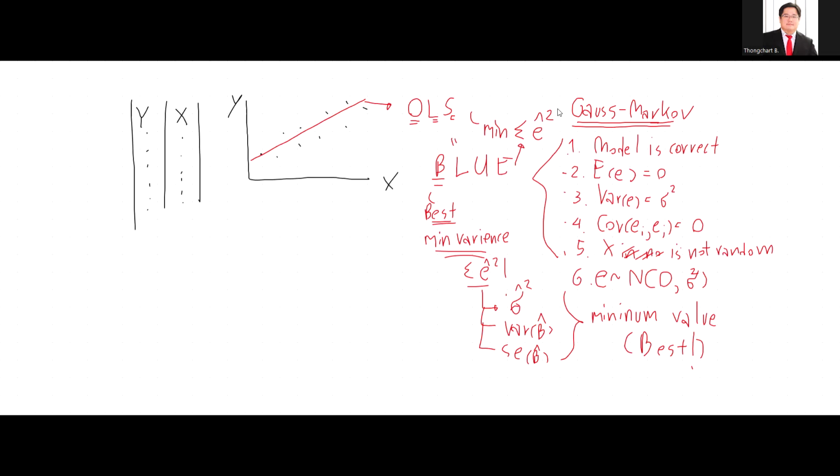But okay, let's go back to the data. After we get the data y and x, we try to make the line. So with the two data together, we can obtain each beta, right?